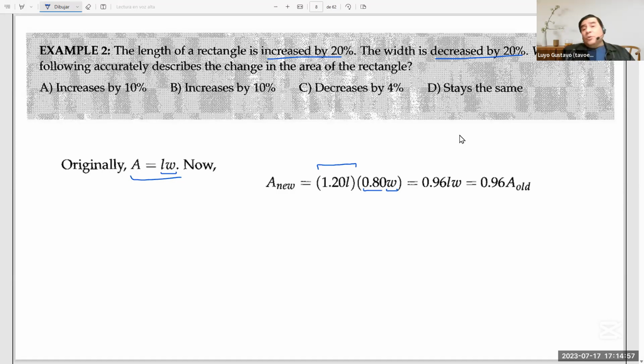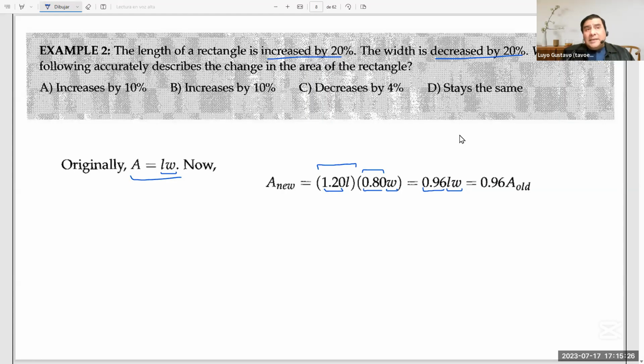So the new rectangle will have an area that is the product of these two dimensions, the new length and the new width. This product can be rearranged like this. If we separate 1.20 and multiply it by 0.80, then we get a product of two constant values, which is 0.96, multiplied by L times W, which is the area of the original rectangle.